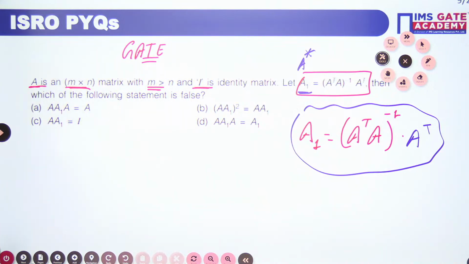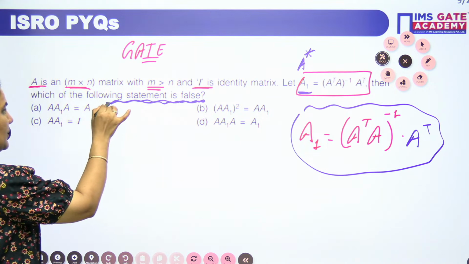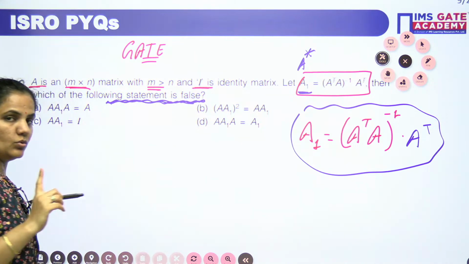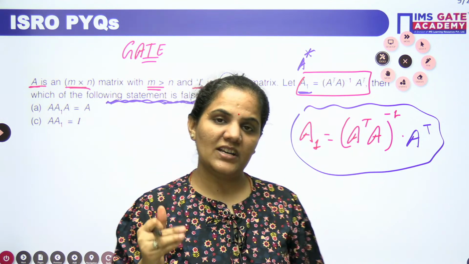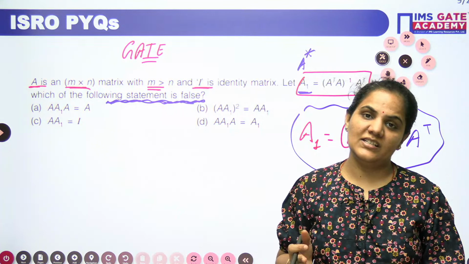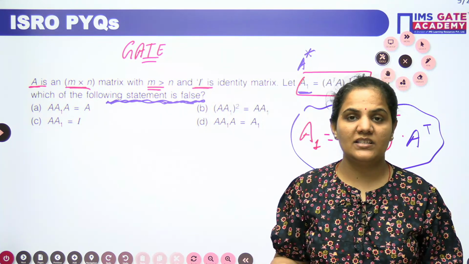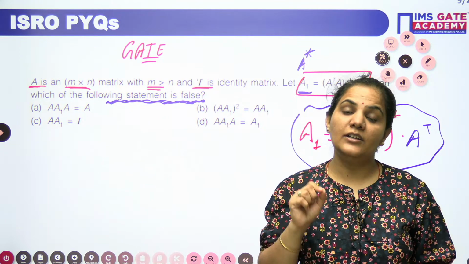Then it is asking which of the following statements is false. It is asking about the false statement, not the true one. So this is a very simple question. How will we approach it? We will check the left hand side and right hand side. If LHS is equal to RHS, then that is the true option.